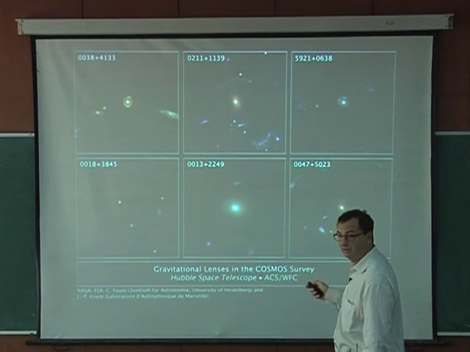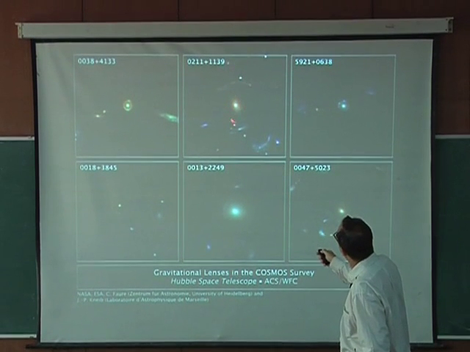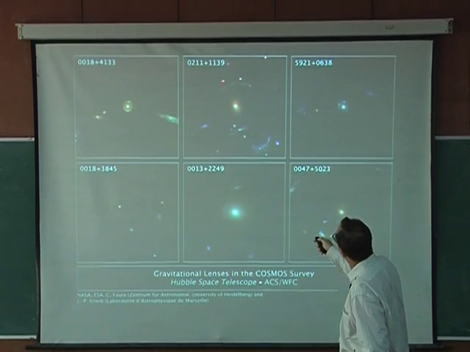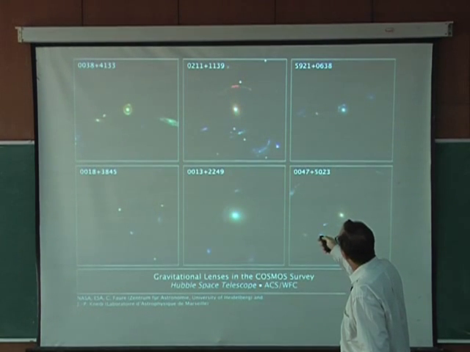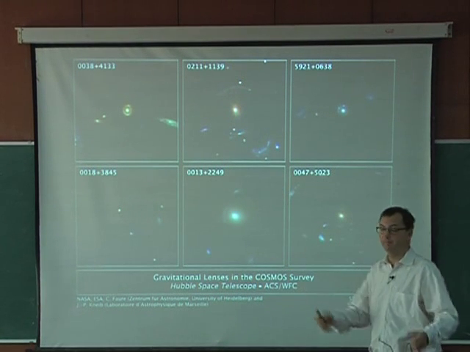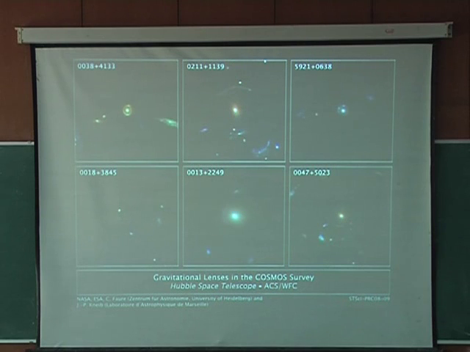Here, I don't know if you can see in the back, but here is another galaxy, which is a lens, and you see these arcs here, which are background galaxies whose images are stretched by the lensing effect. Here is another one with several images. You see, you have 1, 2, 3, 4. It's probably a background quasar or background galaxy, which is multiply imaged by this lensing galaxy here.